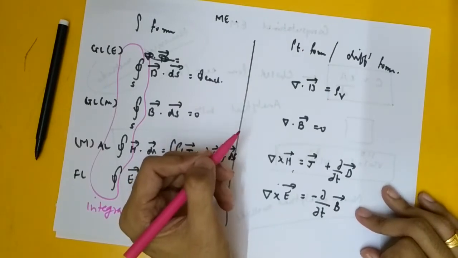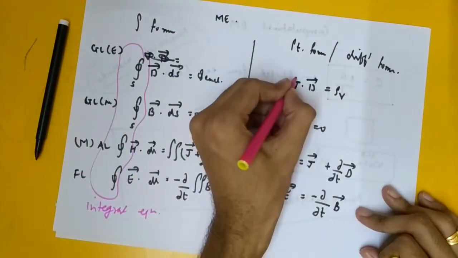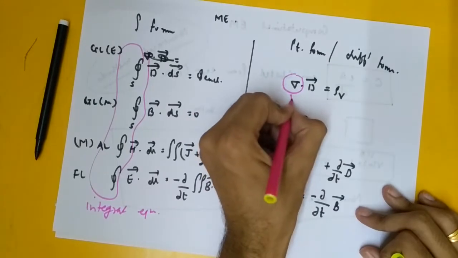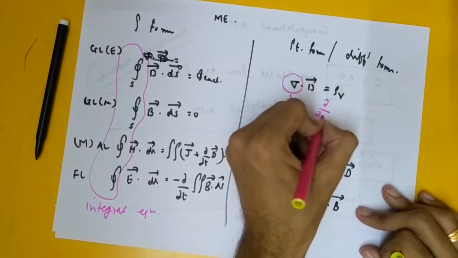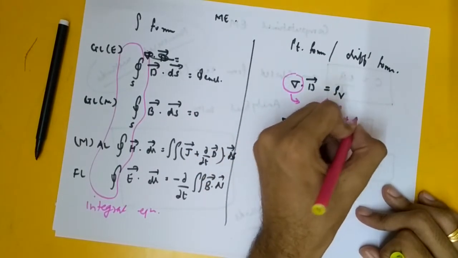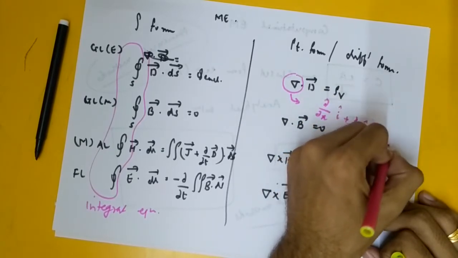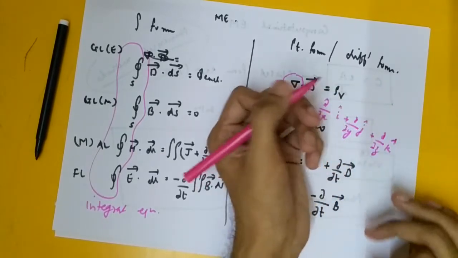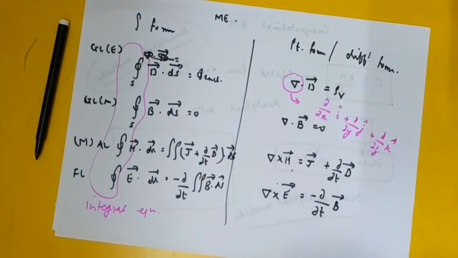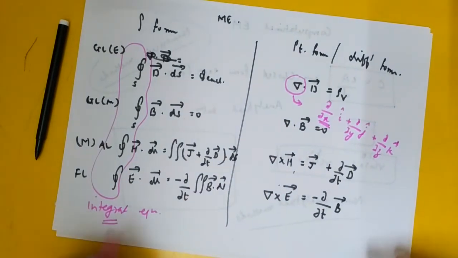Now you might say I don't see any differential operator. What is this del? Del is partial by partial x i cap plus partial by partial y j cap plus partial by partial z k cap. So most electromagnetic problems involve either partial differential equations or integral equations.